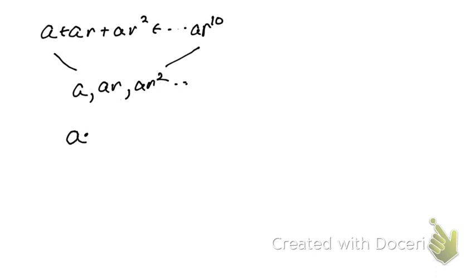And then it has a times r. Every one of them has a times r squared. So this first one right here is really r to the 0th power. So I want my very first term, when I plug in 1 for my n, to be r to the 0th power.